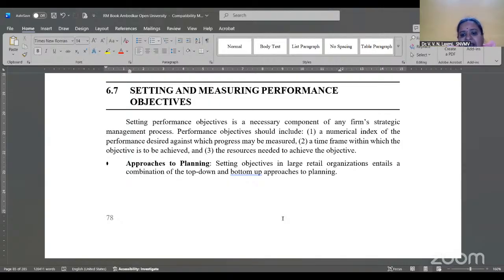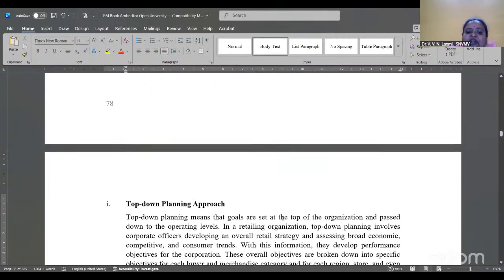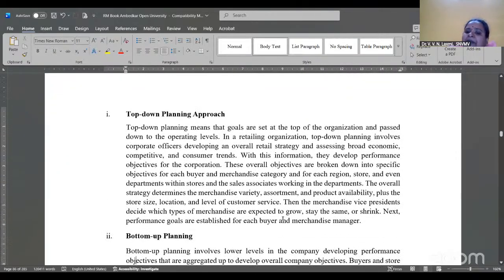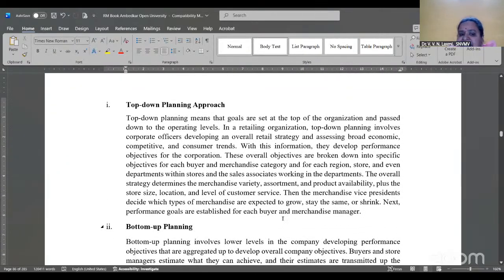So to plan, and that means to set budgets or forecasts for the future year, the coming quarter or the future month, one can assess the performance or set the goals based on these approaches. Either a top-down approach can be followed by the retailer, or a bottom-up approach. Both have their own plus and minuses, positives and negatives.